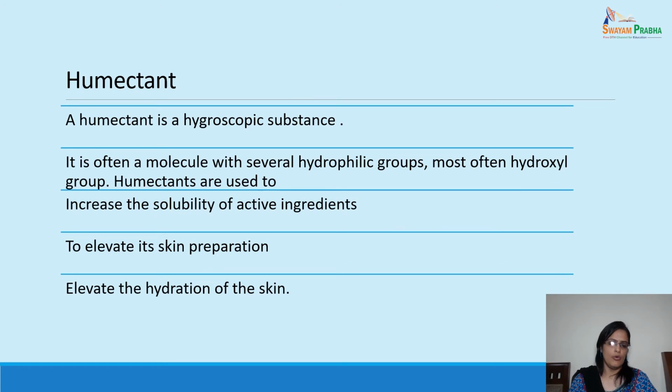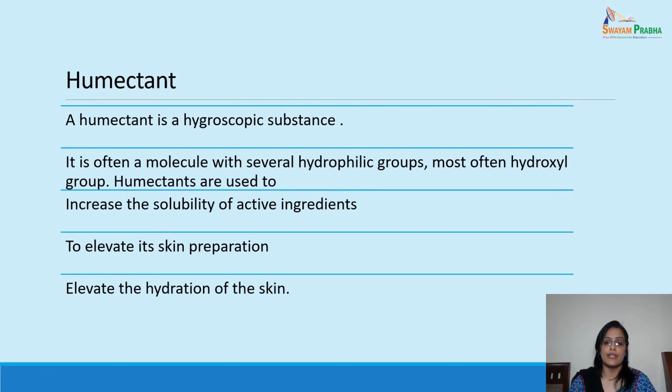Humectants, which we also discussed in suppositories. This is also a very common ingredient. A humectant is a hygroscopic substance that contributes to hydration and prevents drying out of the skin and formulation.